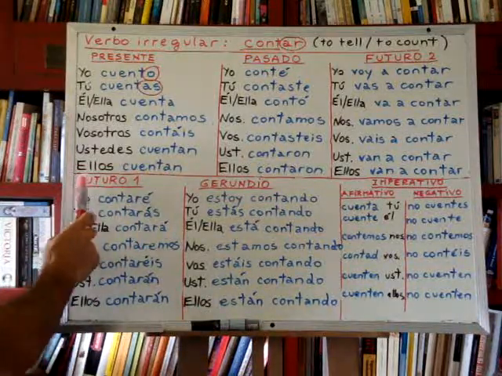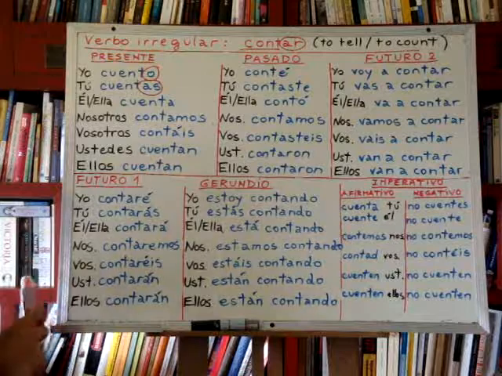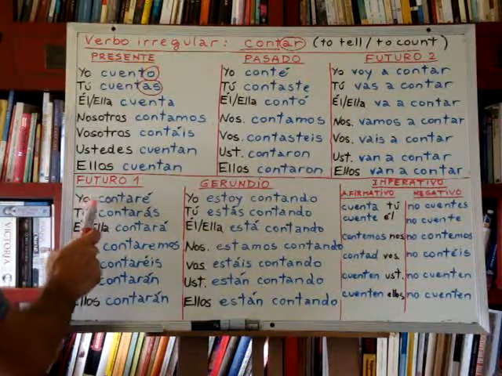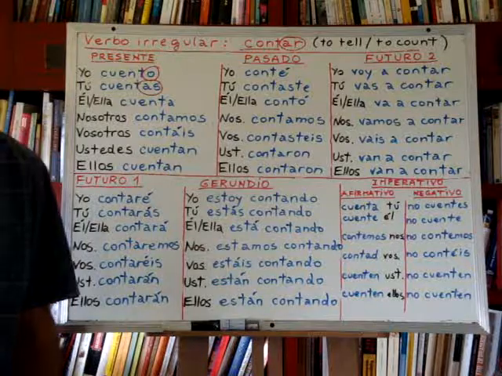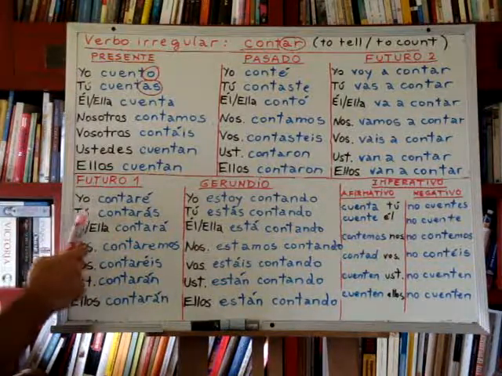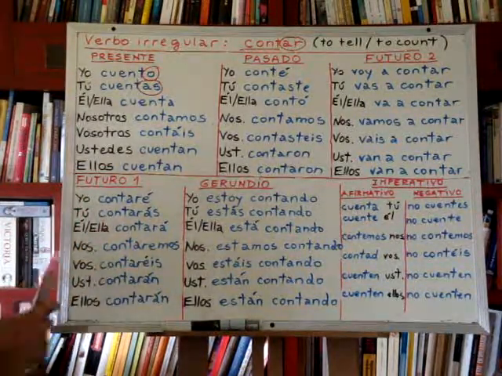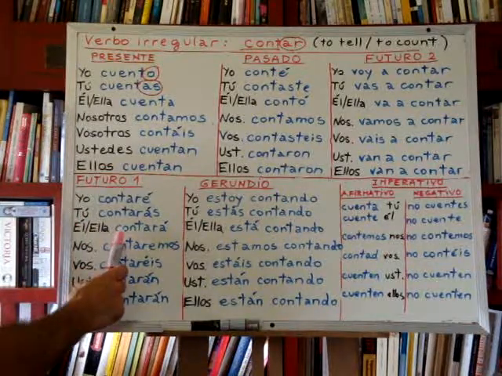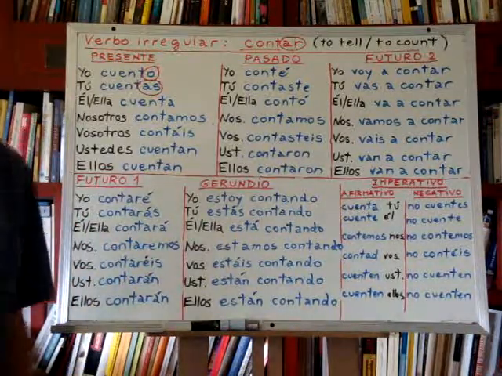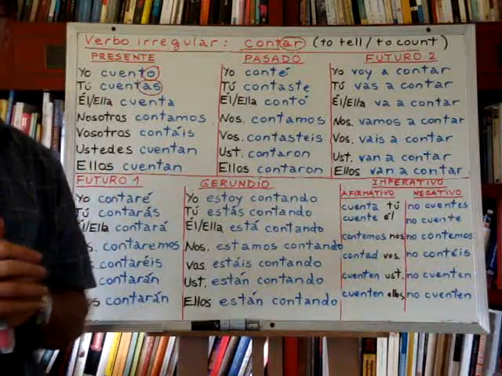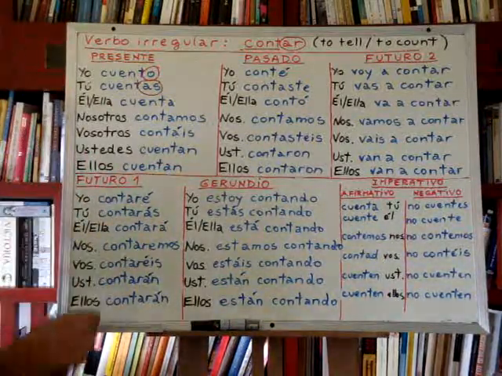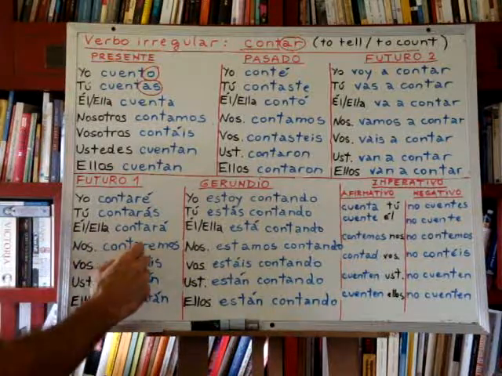This is the typical Spanish simple future, right? Yo contaré, I will tell or I will count. Tú contarás. Él or ella contará. Or usted contará, the formal you, respectful. Nosotros contaremos.